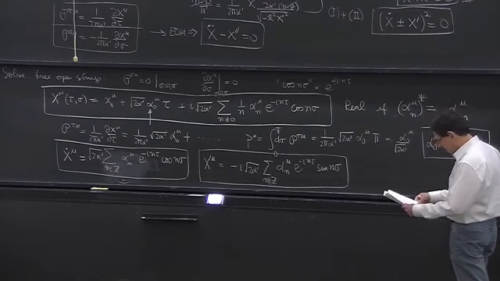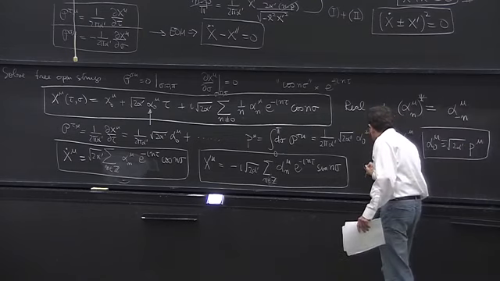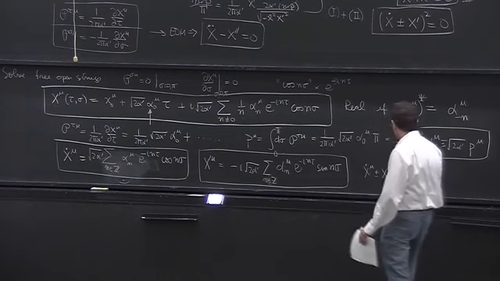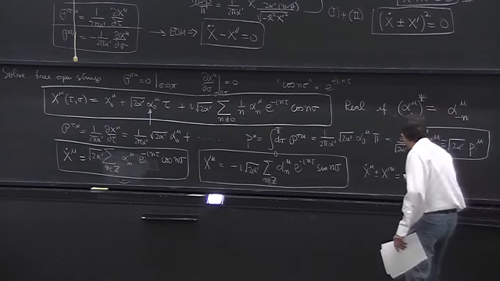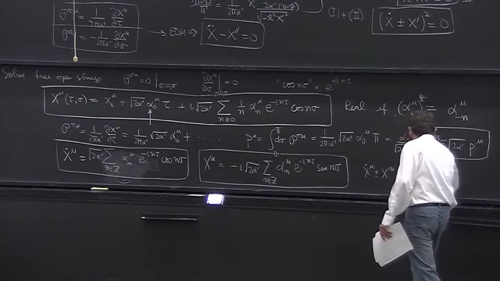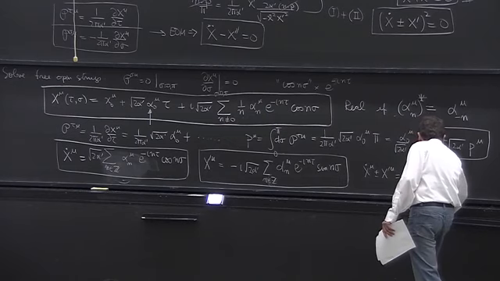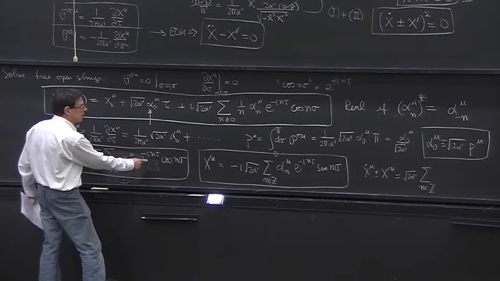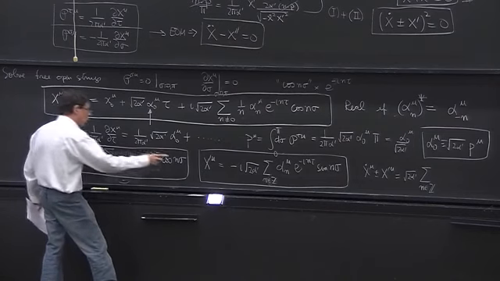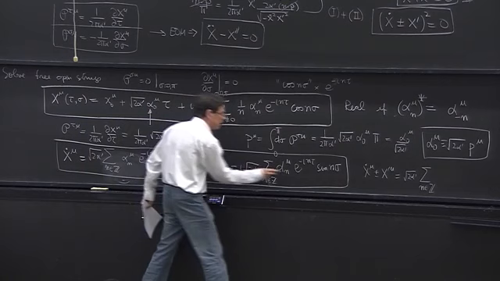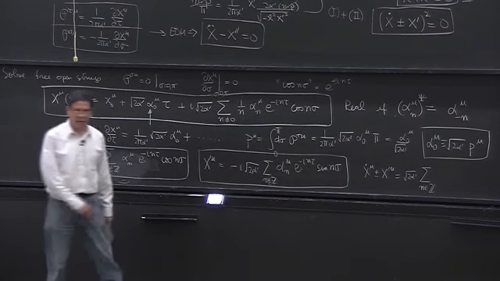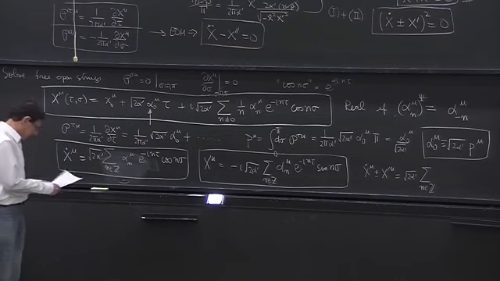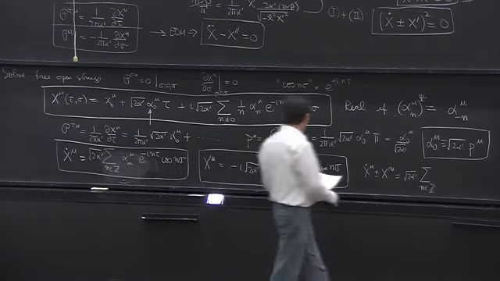Because now I can combine x dot mu plus minus x prime mu. And what do I get? Well, I get square root of 2 alpha prime, sum over n belonging to the integers. And look, you have the same coefficient here, alpha n mu e to the minus i n tau, times cosine n sigma minus i sine of n sigma. So it combines to an exponential. It's really well done, this thing. So what do we get?